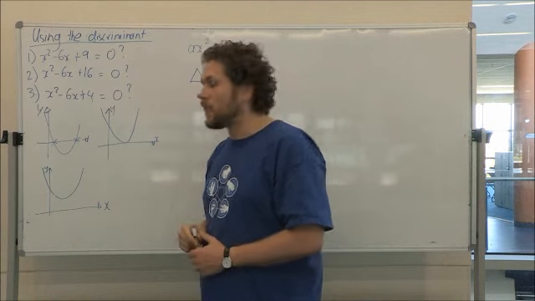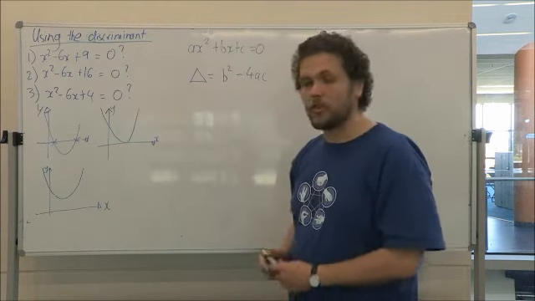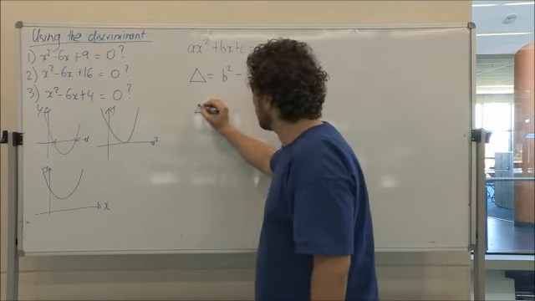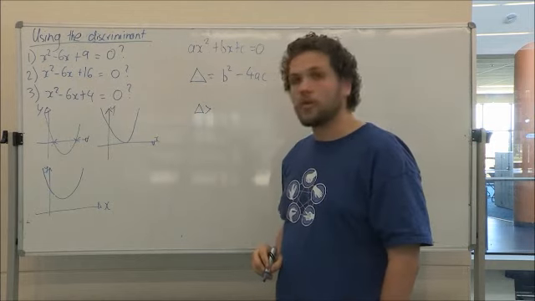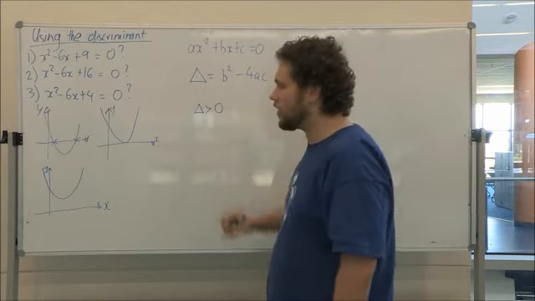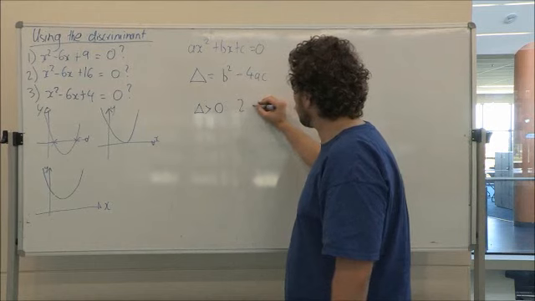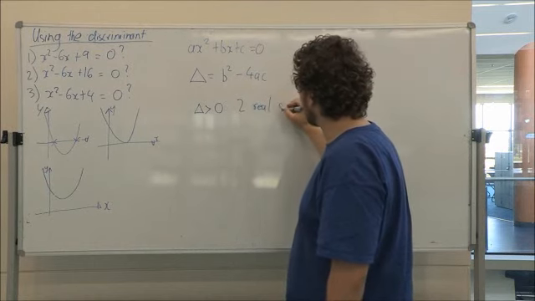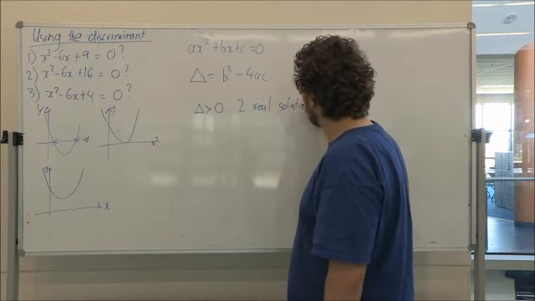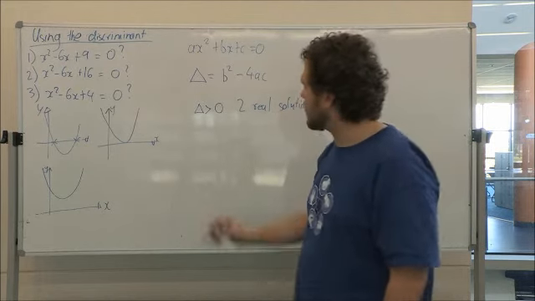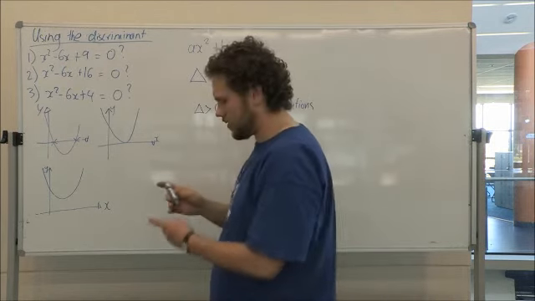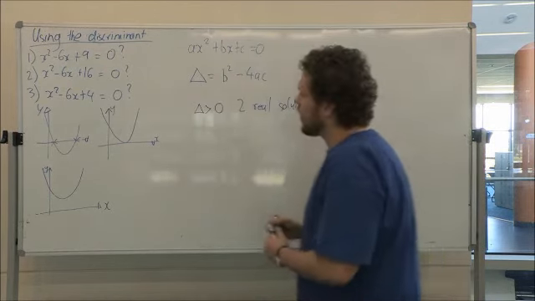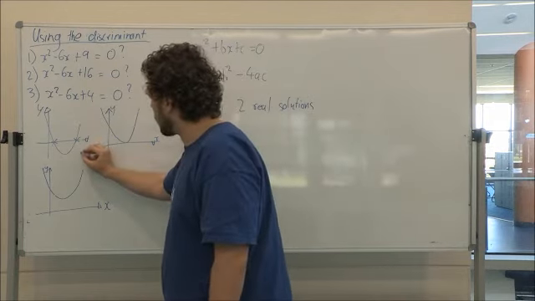And now, if the discriminant is greater than 0, we have two real solutions. And that matches, let's use a different colour, that matches this graph.